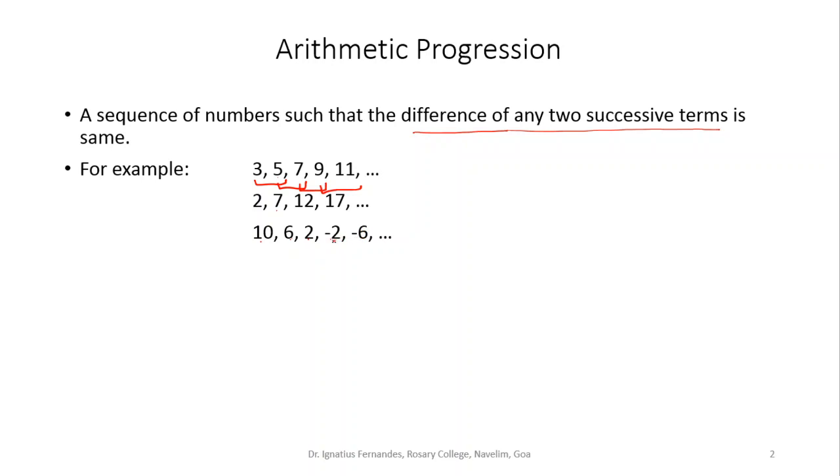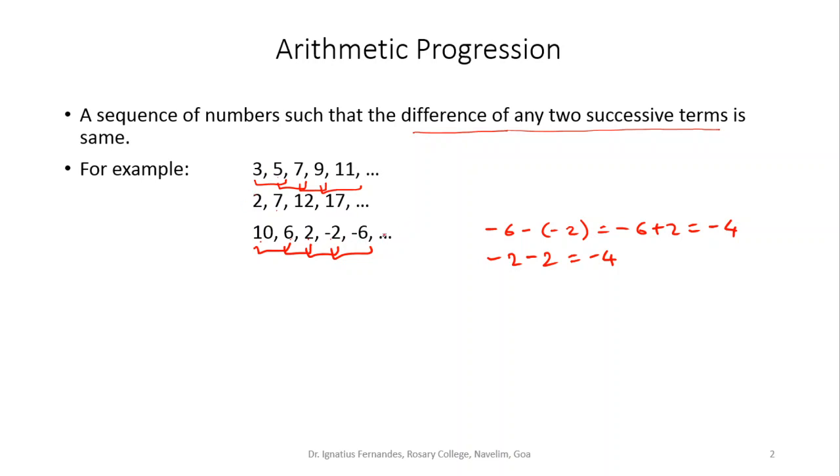And minus 6 minus minus 2 is minus 6 plus 2, that is equal to minus 4. So the difference between any two consecutive terms here remains the same. The difference here is minus 4. This is also an arithmetic progression.